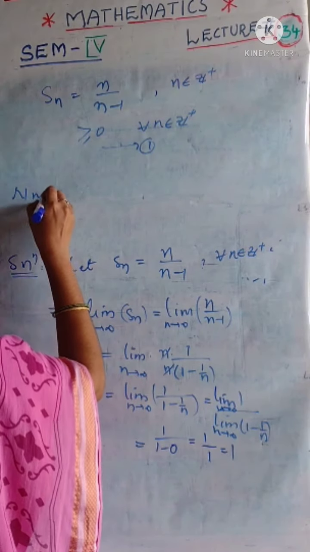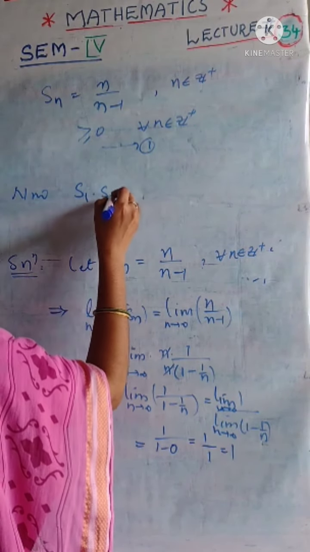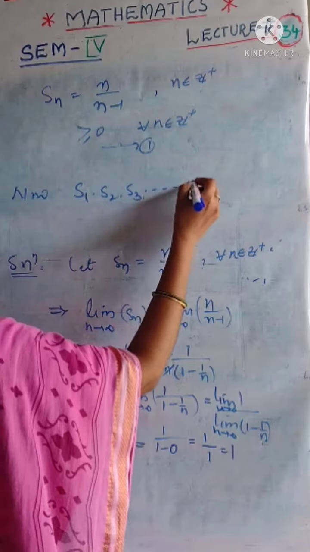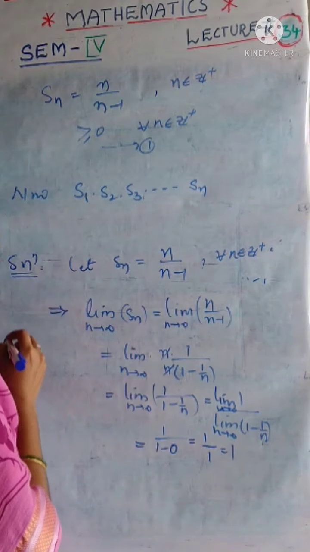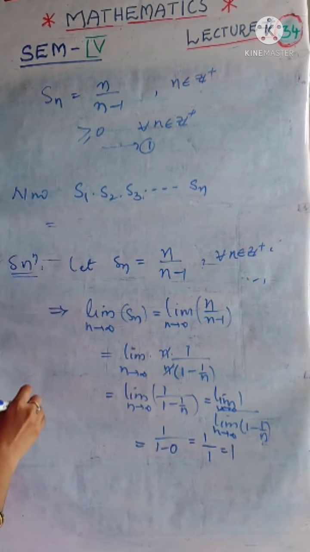Now, what is the value of S1 into S2 into S3 and so on up to Sn? Let us replace these values.